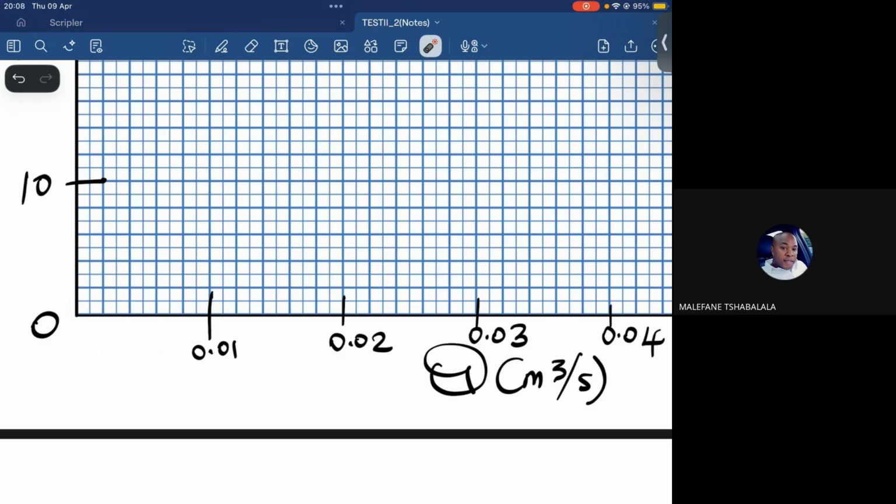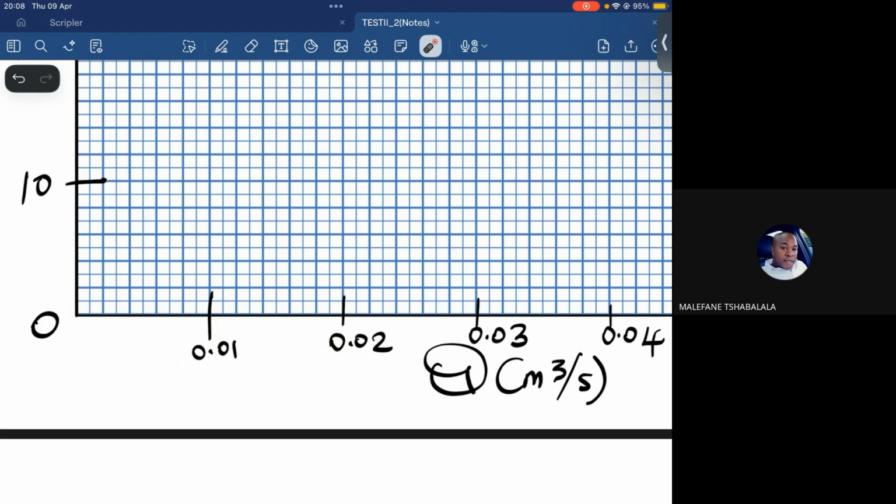Then after 0.01, we'll have 0.012, 0.014, 0.016, 0.018, then 0.02. Are we together?